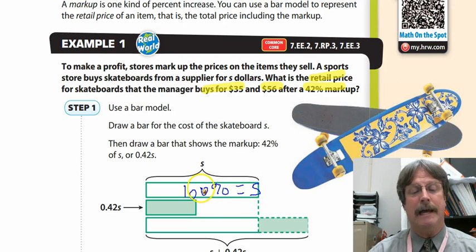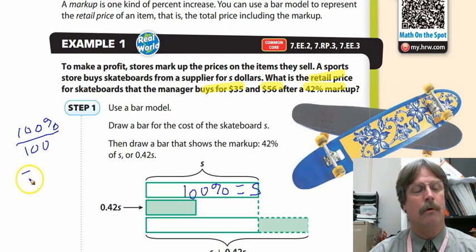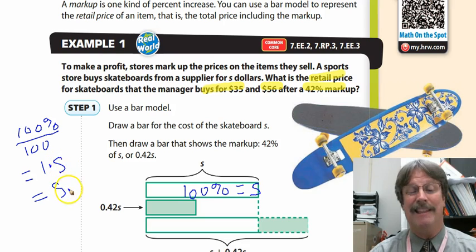Another way that we can write that, remember, is to convert 100% into a decimal. 100 divided by 100 is going to equal 1. 1 times S is equal to just S. Remember, 1 times anything is always whatever that anything is. A number divided by itself is always equal to 1. So this is the concept behind understanding how we get to that.